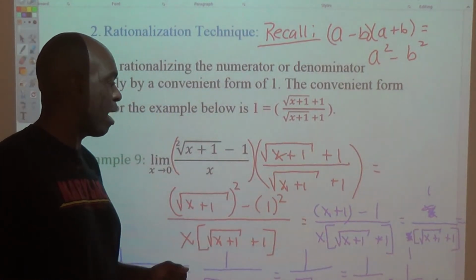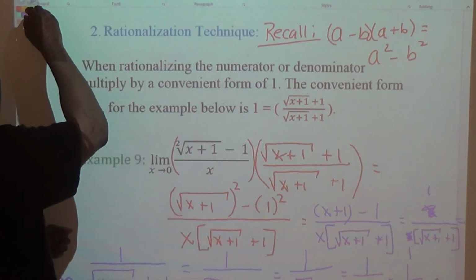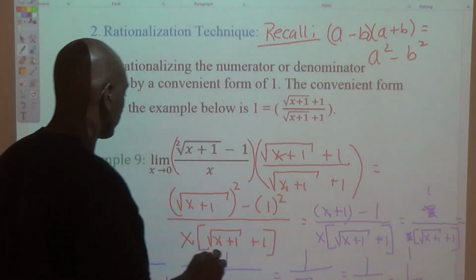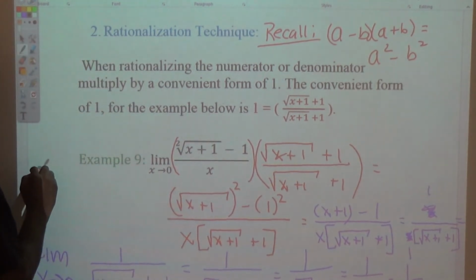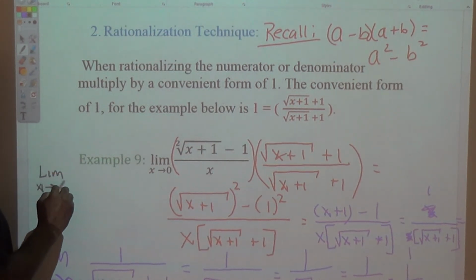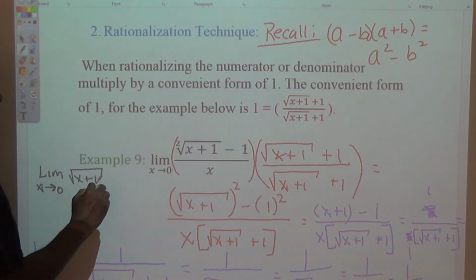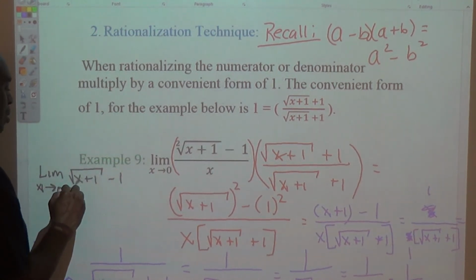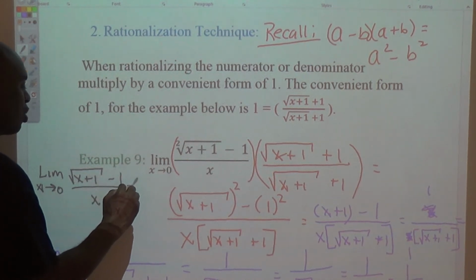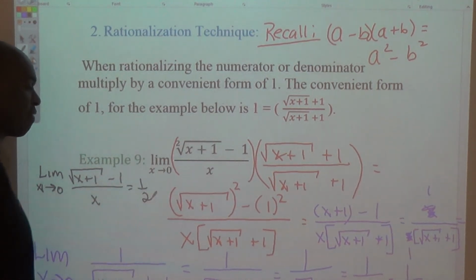So the limit of our problem equals a half. So, the limit as x approaches 0 of the square root of x plus 1 minus 1 over x equals 1 half.